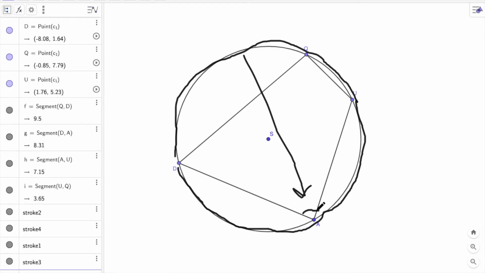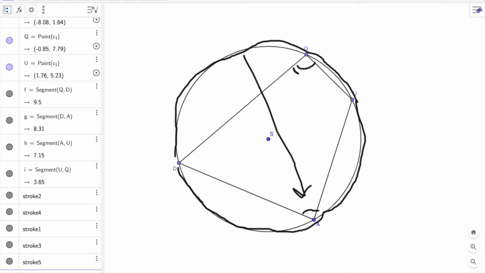If I was to take this arc on this side, divide it by 2, I'd get this angle. We just said those two arcs combine to give you 360 degrees, so that means that these angles across from one another will always have to add to equal 180 degrees.